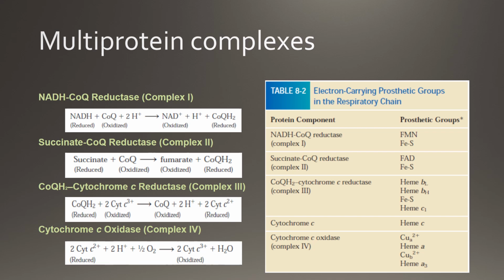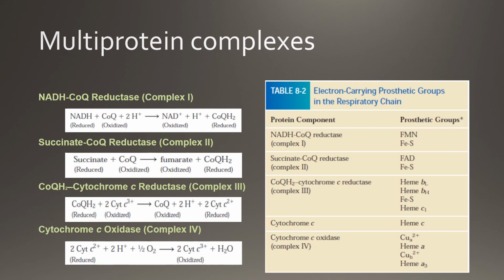In the NADH coenzyme Q reductase complex, electrons first flow from NADH to flavin mononucleotide, a cofactor related to FAD, then to an iron-sulfur cluster, and finally to coenzyme Q. FMN, like FAD, can accept 2 electrons but does so 1 electron at a time. The overall reaction catalyzed by this complex is NADH plus coenzyme Q plus 2 protons gives NAD+ plus a proton and coenzyme QH2, which is in reduced form.